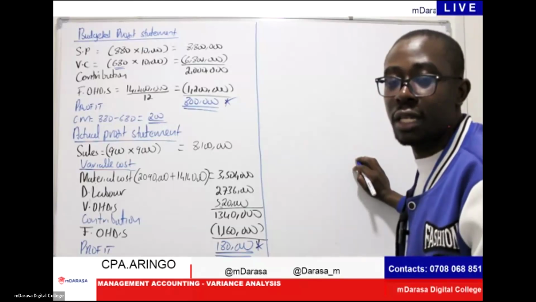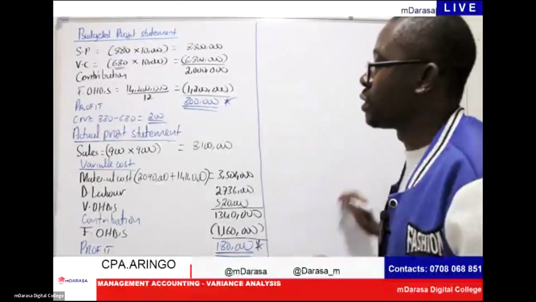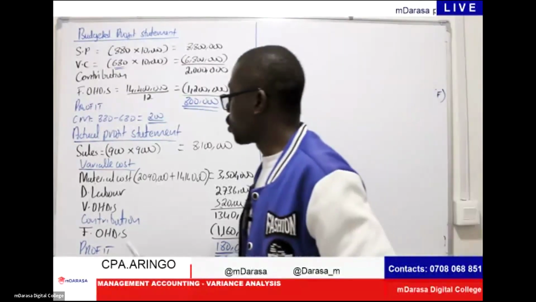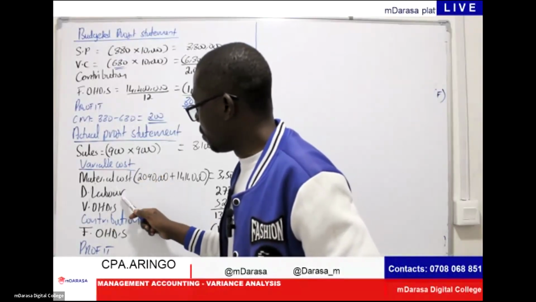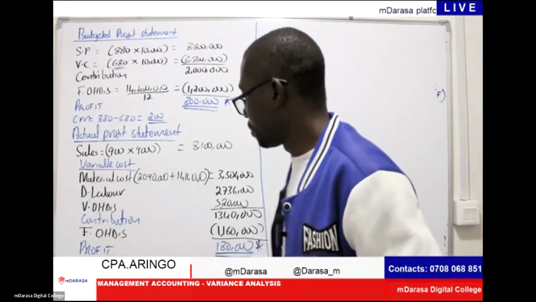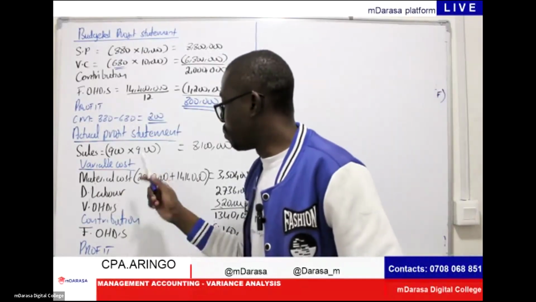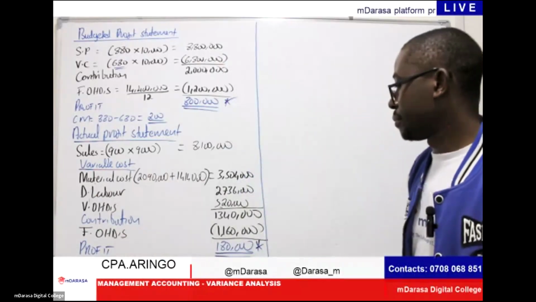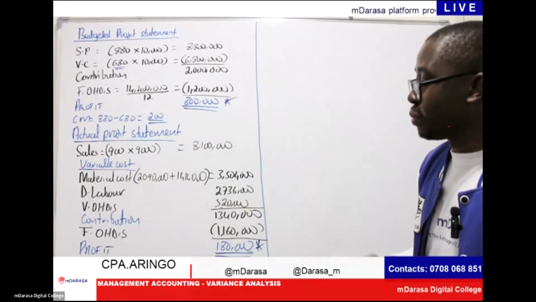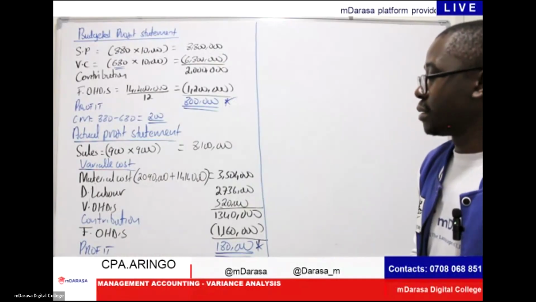So how will you compute our variances? Remember, there will always be a guide. You see all these components that you're given: the sales, material, labor, overheads. These are what you're going to use to compute our variances, including all the overheads, except that we won't compute the fixed overhead volume variance.